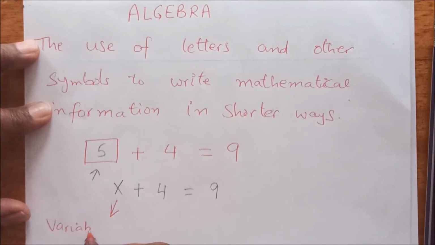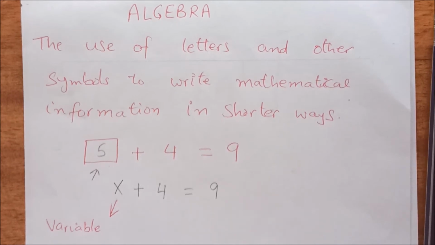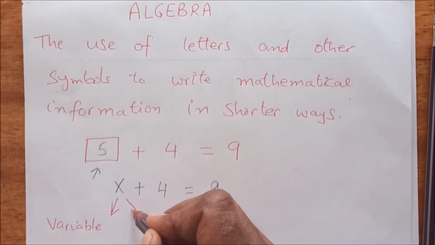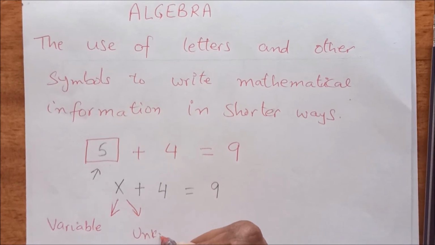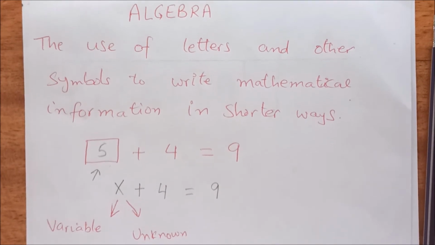Its name is variable because this letter can represent many different values. So that's why its value is varying, so we name it a variable, or we can also call it unknown. Because we don't know the value of this, that's why we call it unknown, because its value is not known to us.